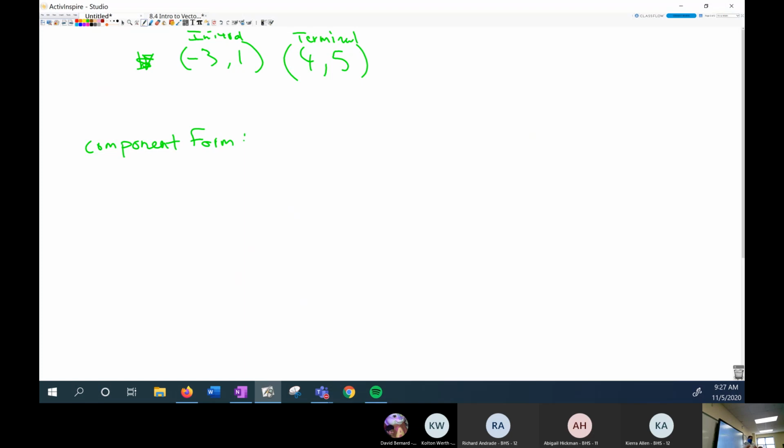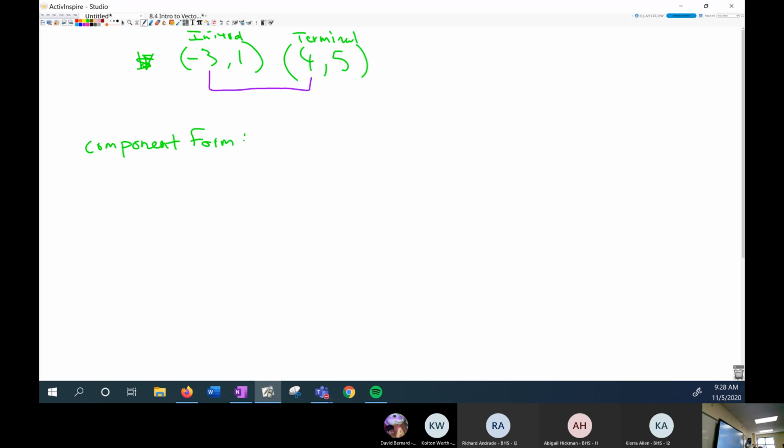Okay, so what are my horizontal instructions? How do I get from a -3 to a +4 as an x coordinate? What's the instructions you got to tell me to take? If I go from -3 to a +4, that's 7 units, right?